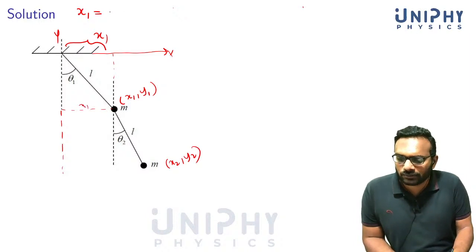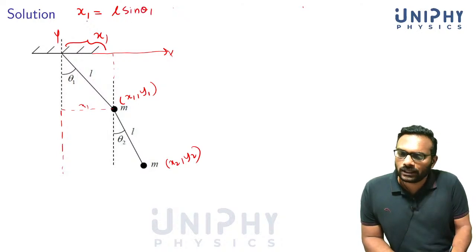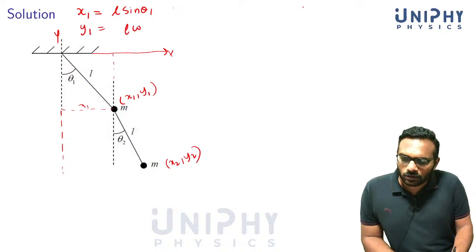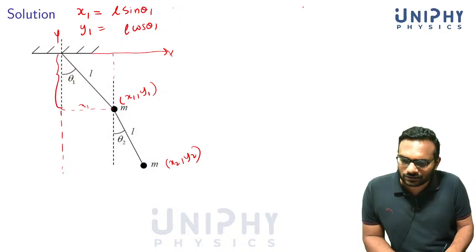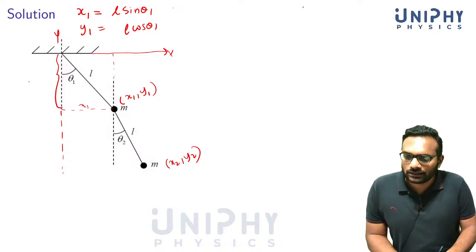From this trigonometry, you see that x1 is equal to L sine theta 1. And y1 is equal to L cos theta 1. It's obvious because this length is y1, the y coordinate of this particle of mass m. This is L cos theta 1.